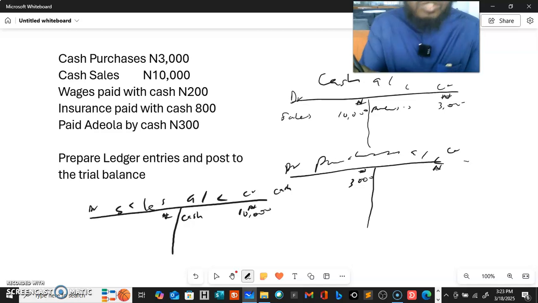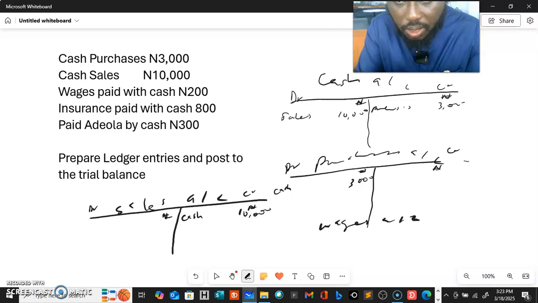So we have wages paid with cash. Again, we paid cash for wages. In this case, we're going to have a wages account. We paid for wages, which is an expense.